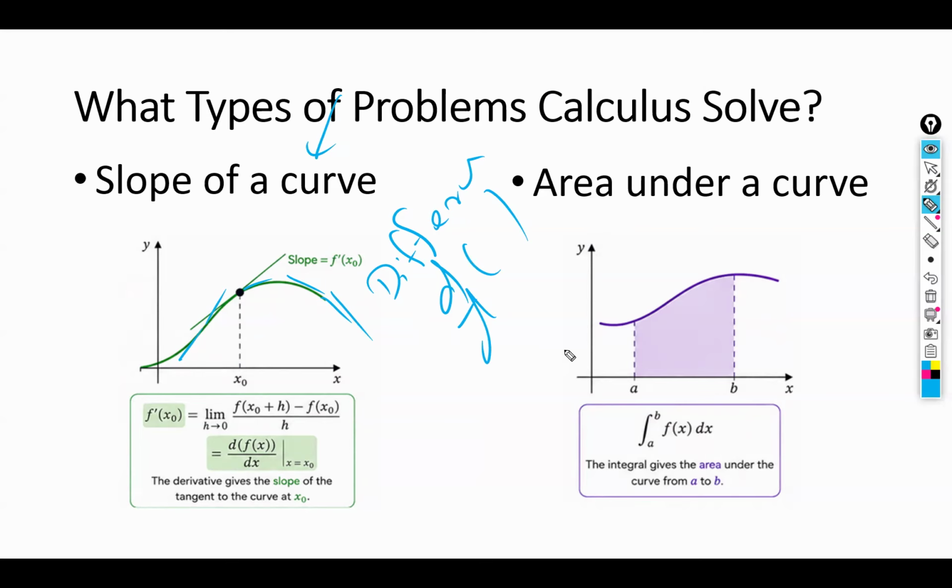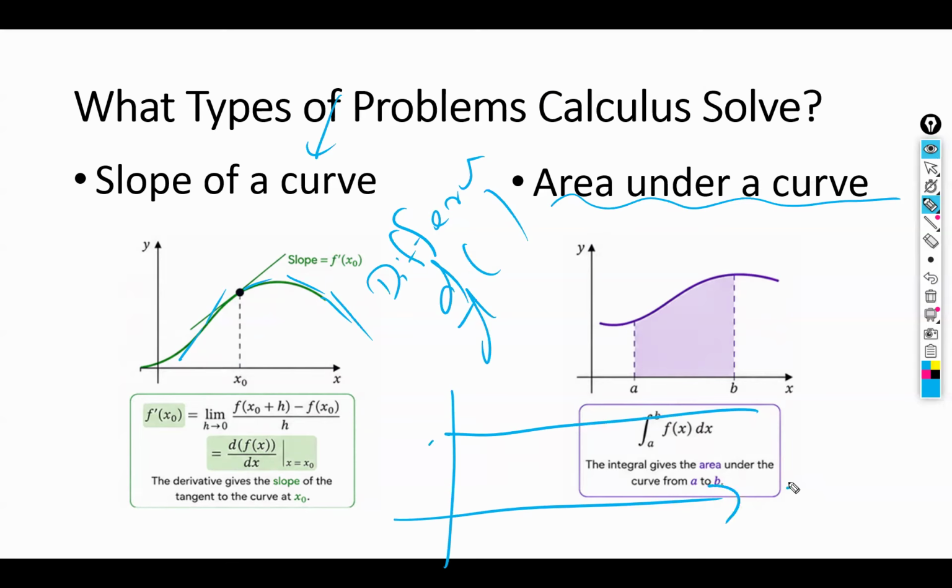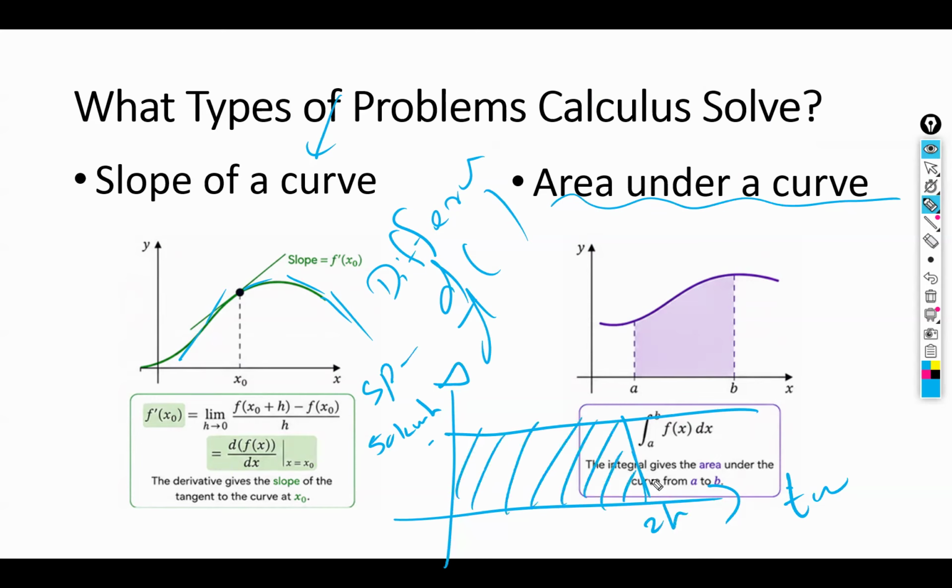Another interesting usage is area under the curve. Now you know how to calculate the area of known shapes. For example, say this is time versus speed. You are going at 50 kilometers per hour, constant speed, for 2 hours. What is this area?